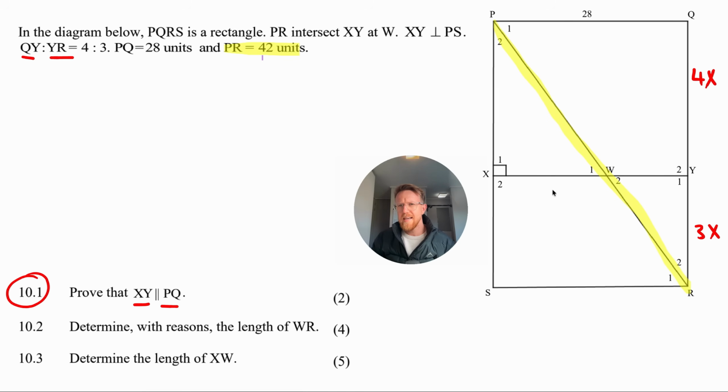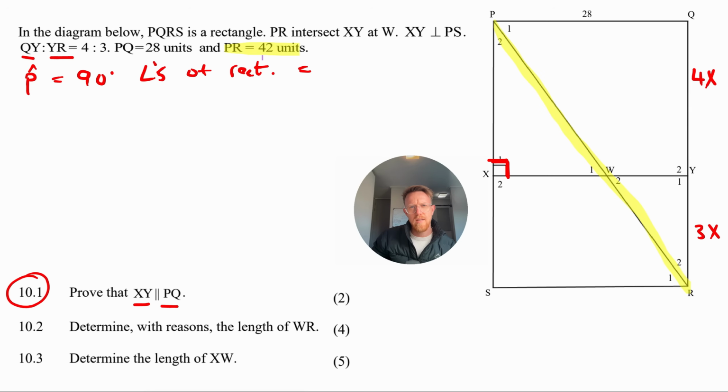Because it's a rectangle, we know that the corners of a rectangle are always 90 degrees. So can you see that now we're going to get some type of co-interior angles over here, right? So we can first say that angle P is going to be 90 degrees. And we can just say angles of a rectangle equal 90 degrees. And so now we can see that that's 90, and so these two angles are going to add up to 180.